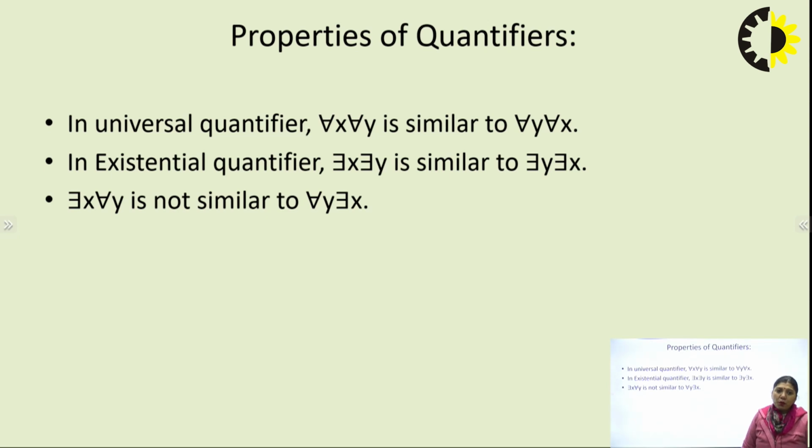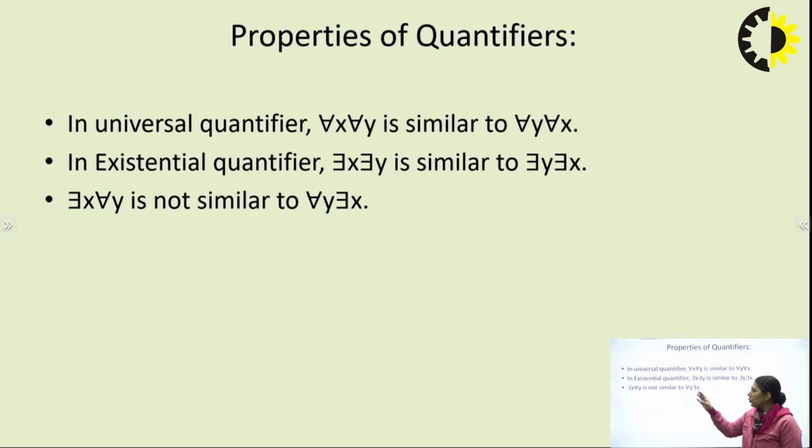So there are certain properties for that. अगर हम universal quantifier की बात करते हैं, if we are representing for all X, for all Y, इसको अगर मैं इस तरीके से लिखती हूँ, for all Y, for all X, ये दोनों ही आपके similar हैं. There is nothing different about that thing. For all X, for all Y, or we can write similarly for all Y, for all X. They both are the same thing. Remember these properties. Don't get confused कि ये कुछ difference है. No, they both are the same thing.